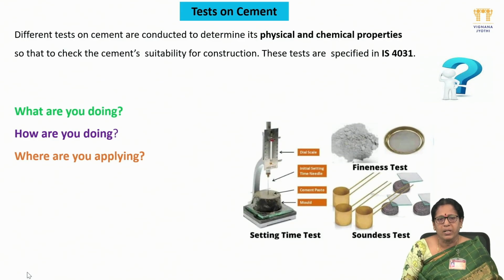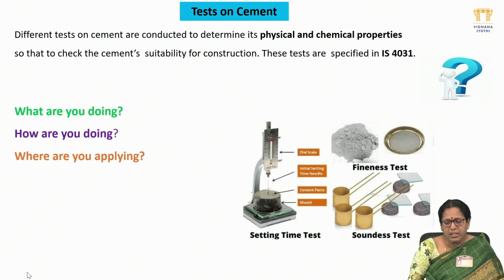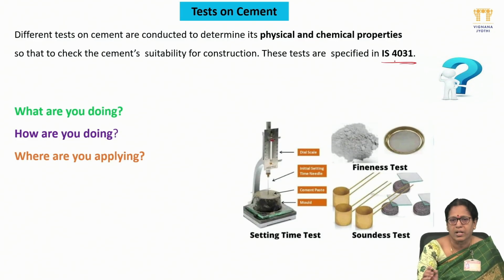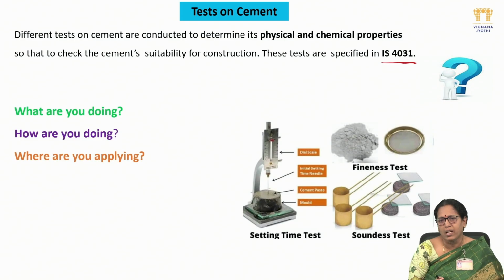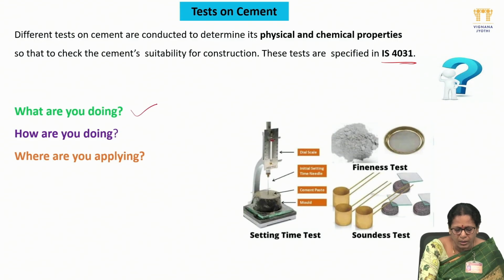Different tests on cement are conducted to determine its physical and chemical properties so as to check the cement's suitability for construction. These tests are specified in code IS 4031. Any student, whatever the lab, whenever they are going to do certain experiments, should pose 3 questions: What are you doing?